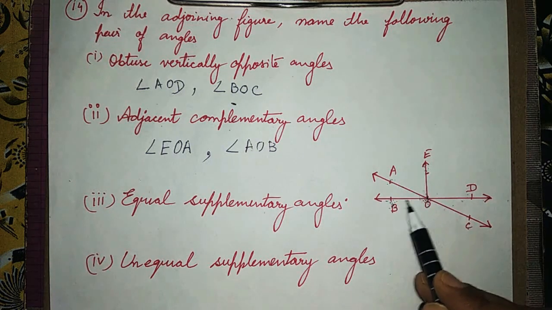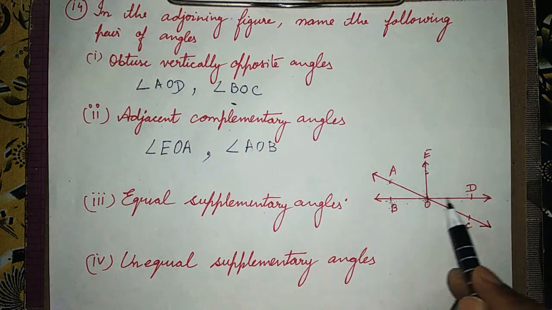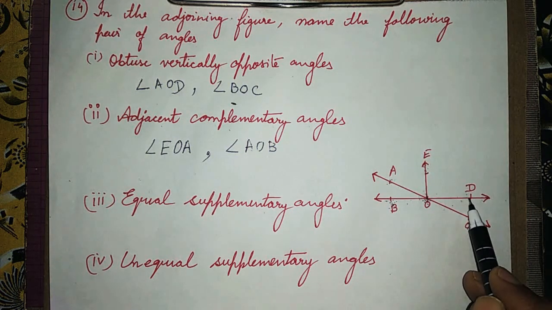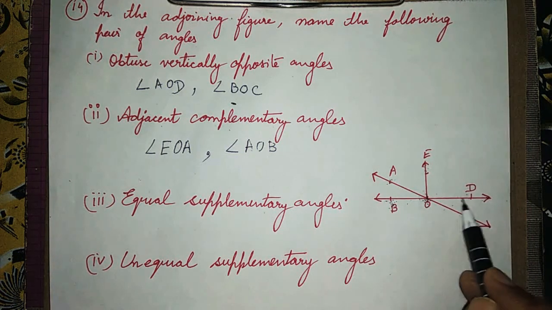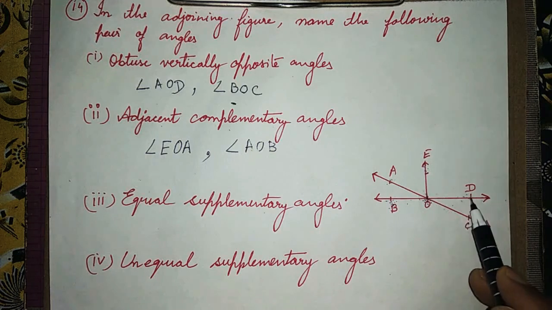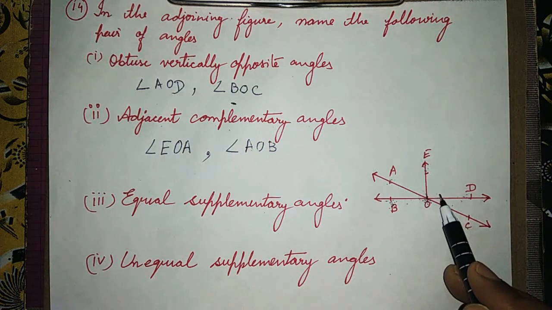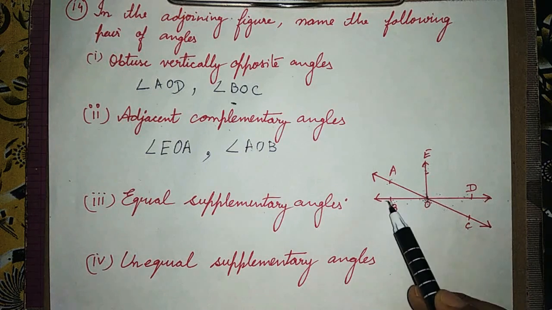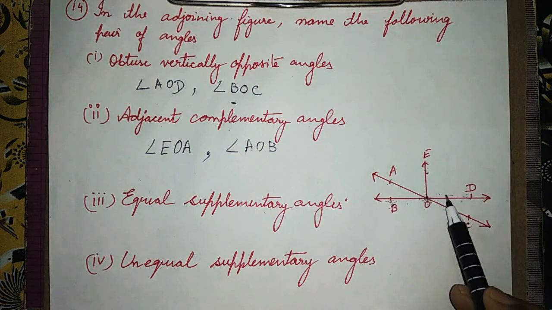Because these two angles are forming on a straight line. The straight line is BD. On this straight line, angle EOB and angle EOD are forming. So their sum is also 180 degrees. So now you can say that they both are equal and they both are supplementary angles.